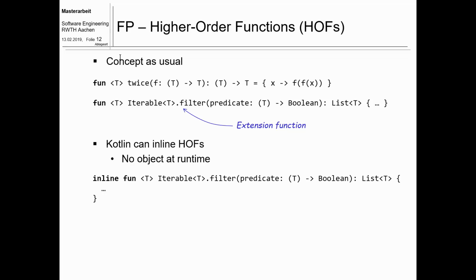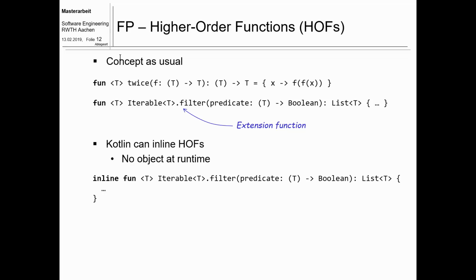Now, inlining this piece of code into every place where it's used increases the bytecode size, which can be detrimental on embedded systems or even on Android. So it's usually favored to use this for short functions. But of course you have this big advantage that you don't actually have any objects created at runtime.